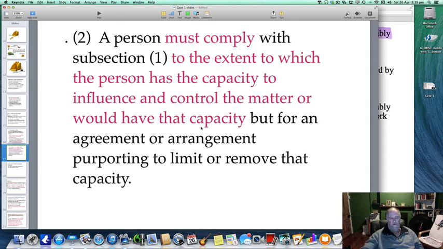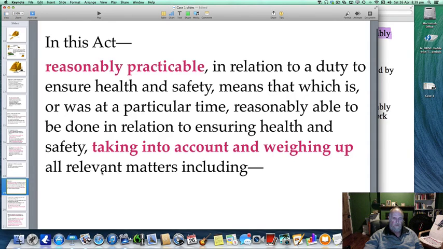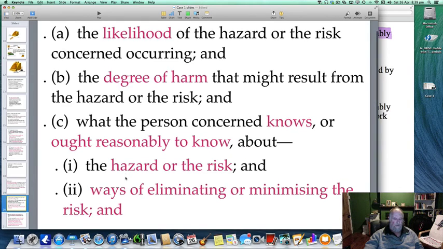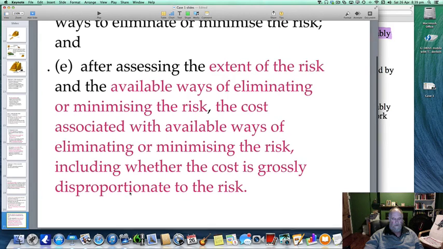So it'd be very difficult to say that they weren't there. So they had the ability to change it. What's reasonably practicable? Just been through that. Weighing up, these are all the matters that you need to look at, I've gone through all of those there. And that's basically it.